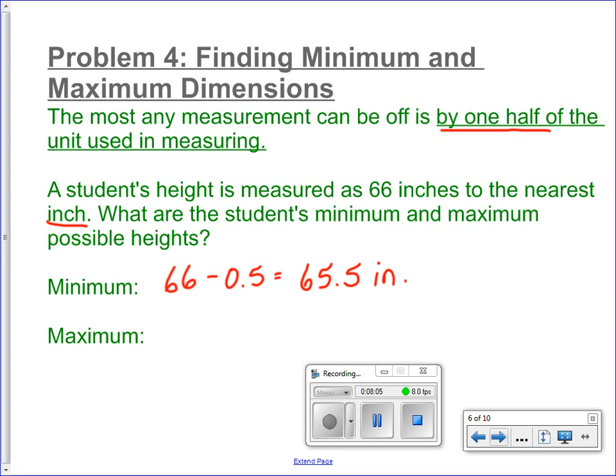The maximum would be 66 plus that 1/2 inch, which would be 66.5 inches tall. So minimum height 65 and 5/10 inches, maximum height 66 and 5/10 inches.